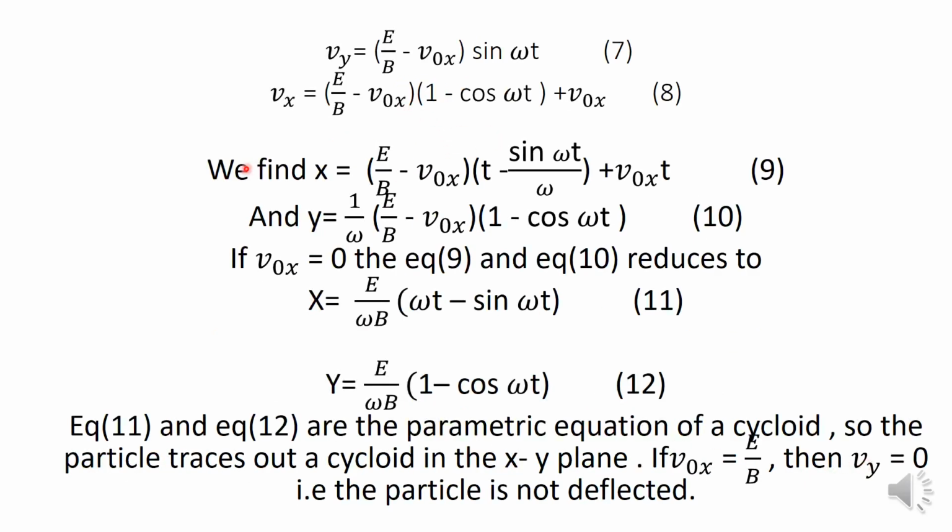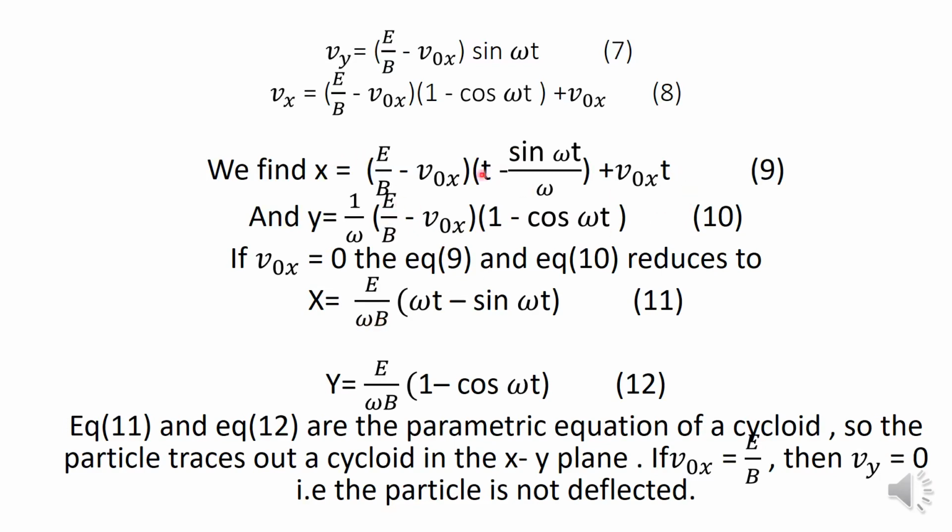We find x = (E/B − v0x)(t − sin ωt/ω) + v0x t, and y = (1/ω)(E/B − v0x)(1 − cos ωt). These two equations are 9 and 10.